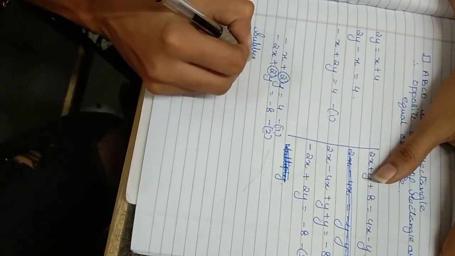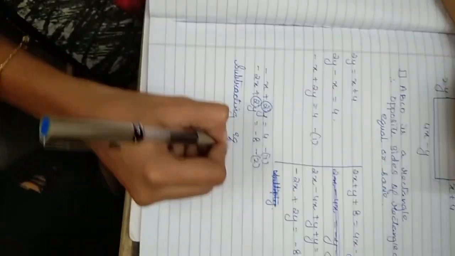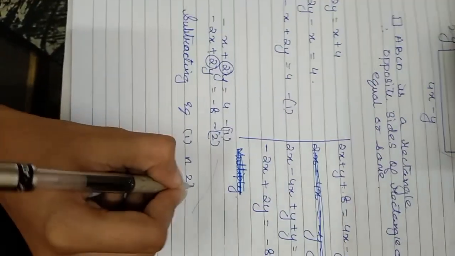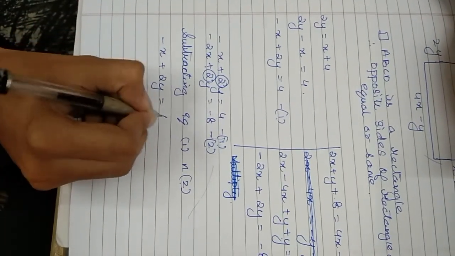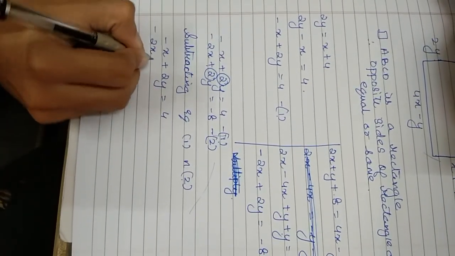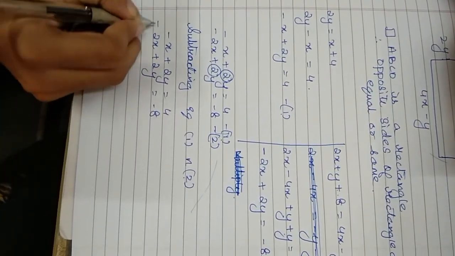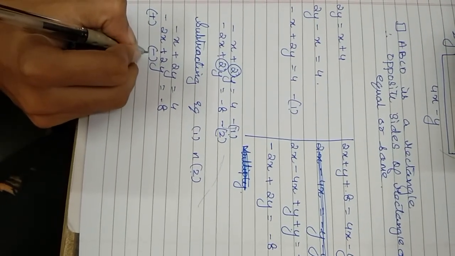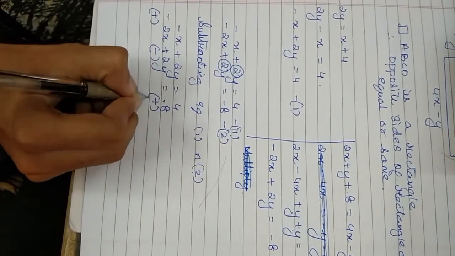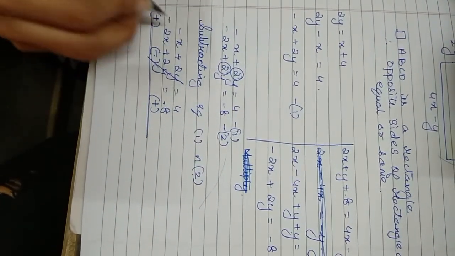Subtracting equations 1 and 2: minus x plus 2y is equal to 4, minus 2x plus 2y is equal to minus 8. The minus sign will get converted into plus, the plus sign into minus, and minus into plus. Plus 2y minus 2y will cancel out.